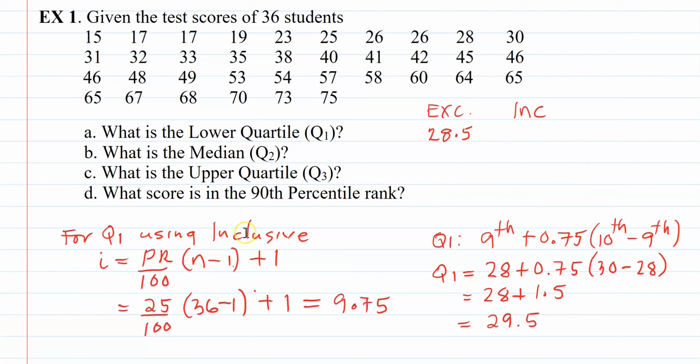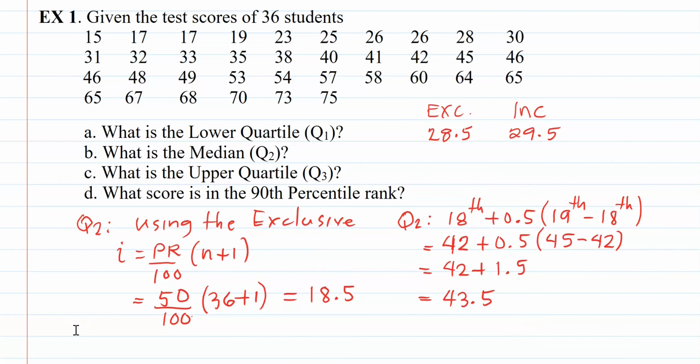Therefore, using the inclusive method, the lower quartile Q1 is 29.5. And you notice that our Q1 here is different from the Q1 using the exclusive method. Both of these numbers are acceptable because we're using different methods.